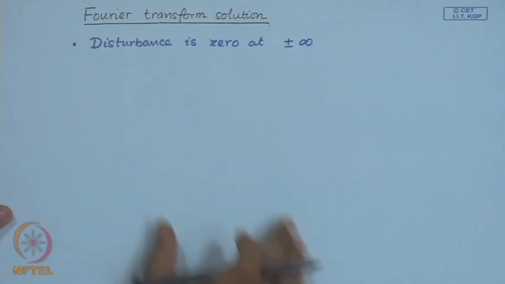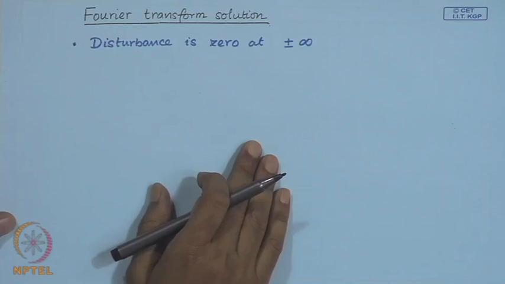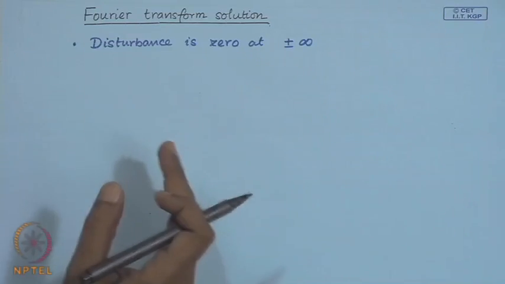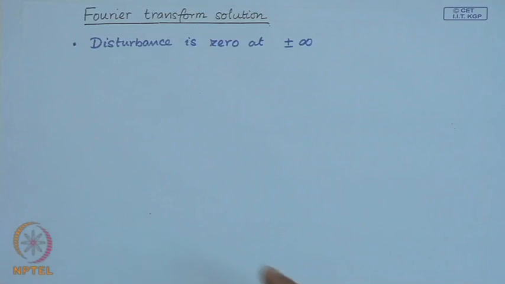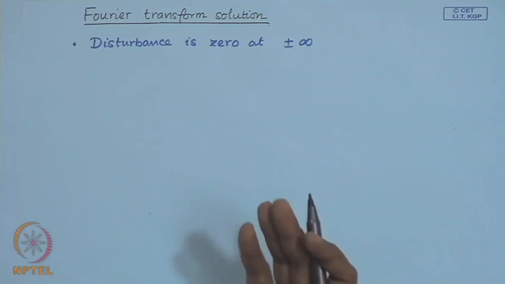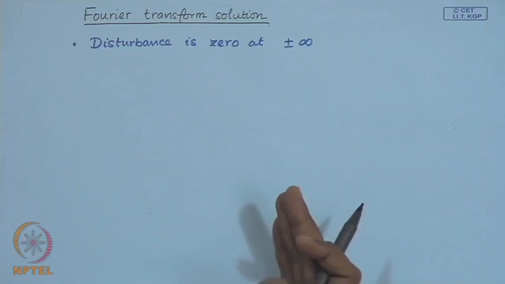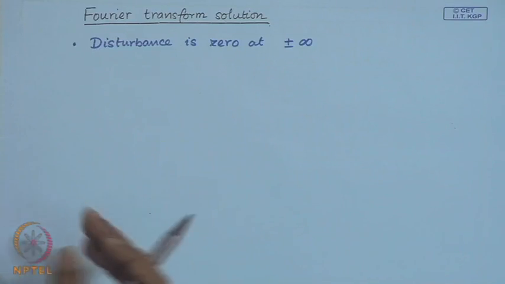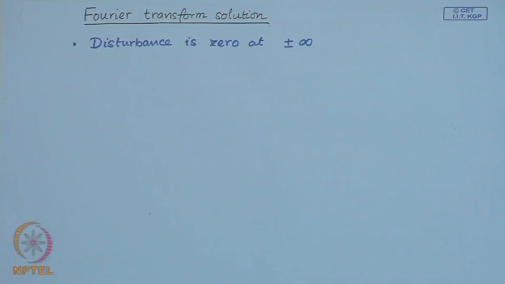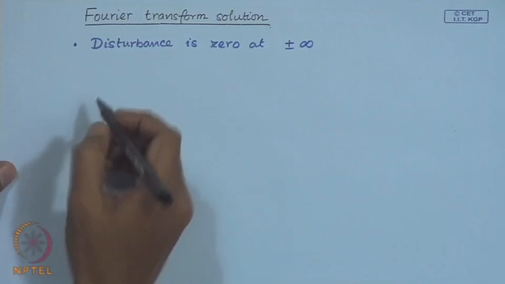With this assumption, we must have square integrable functions. So, the initial conditions are such that the Fourier transform exists, and we are looking at finite time, so that the disturbance has not spread out from minus infinity to plus infinity. So, this is an assumption that we make in this approach.